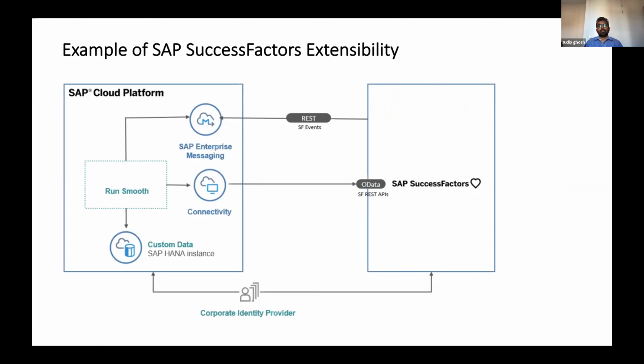So an onboarding event is going to take place. For example, you're going to change your country location. Maybe you are working in the US and now you're moving to Germany. When you move, a lot of policies also get changed. So there are many events in the SuccessFactors intelligence service center.